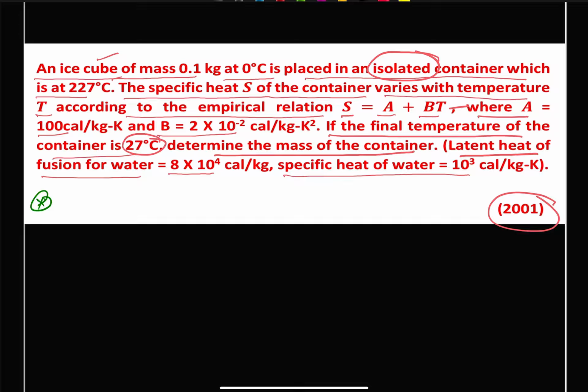We are given our ice cube, so we can say the mass of ice, let us call this M of I, is equal to 0.1 kg, and its temperature is 0 degree centigrade, or we can say 273 degree Kelvin.